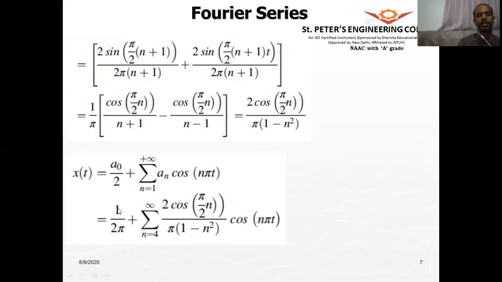So we get this as 1 by 2 pi plus sigma n equals 4 to infinity, this formula. Now this is the Fourier series representation of the half-wave rectifier in terms of the trigonometric functions. That is the trigonometric Fourier series.